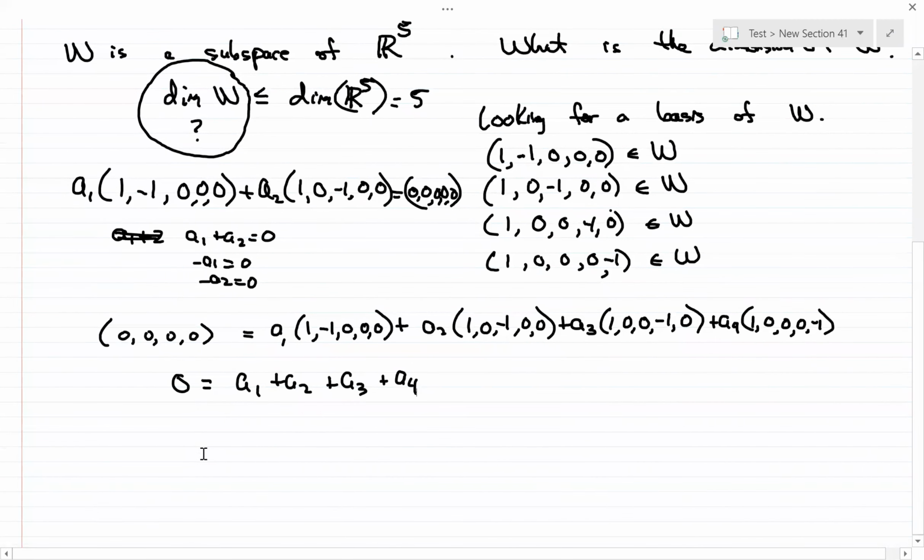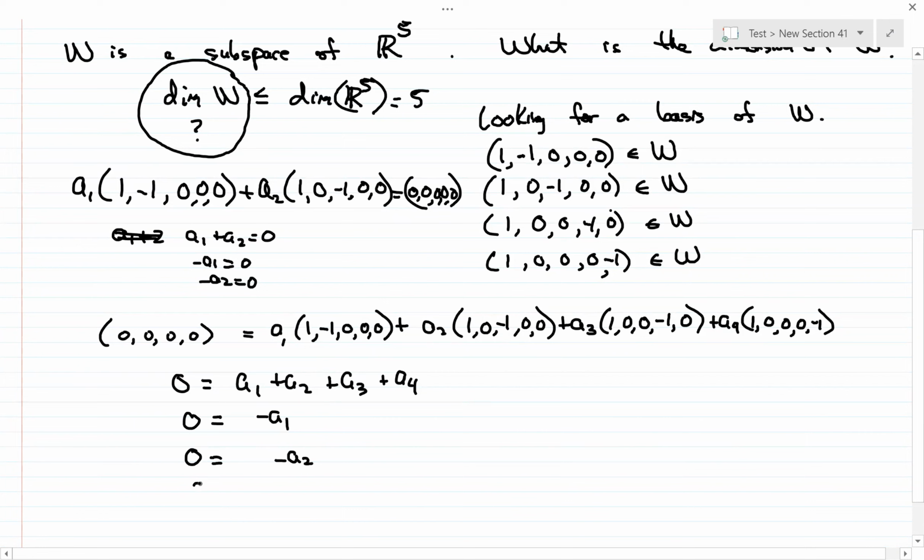Okay. The second component would be minus A1, 0 from here, 0 from here, 0 from here. The third component would be 0 from here, minus A2 from this one, minus A3, or 0 from this one, and 0 from this one.